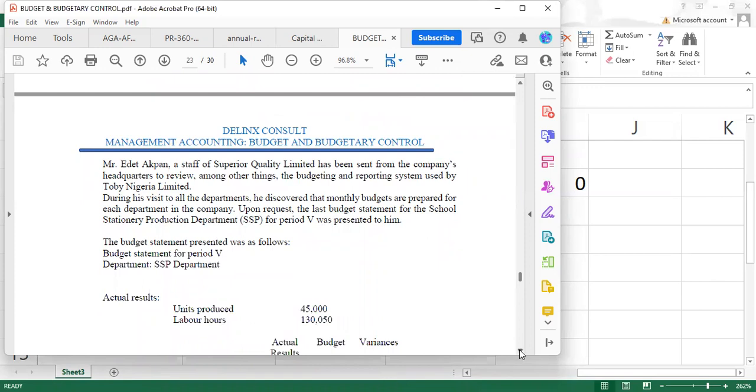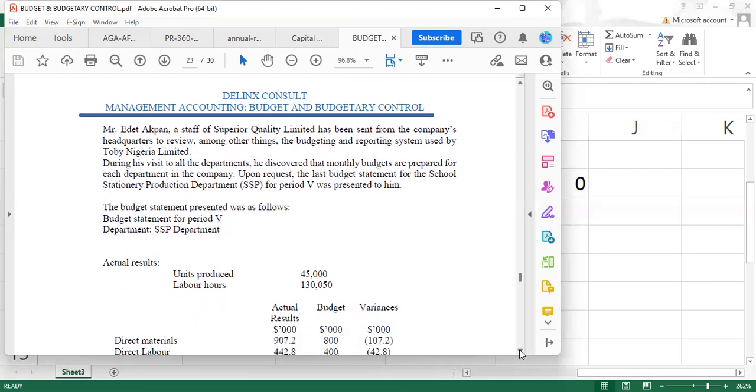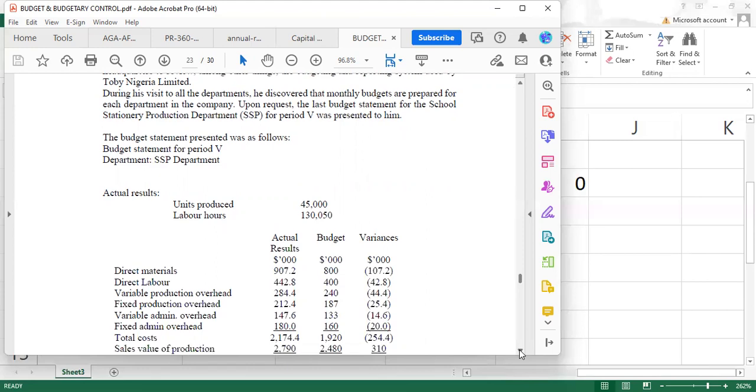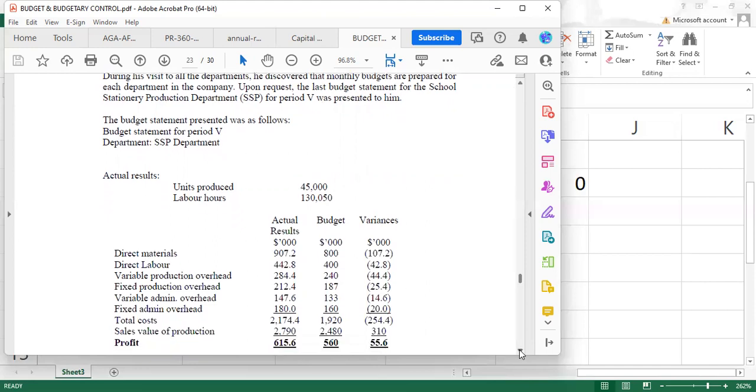Budgeted statement for period V, SSP department, actual result, units produced 45,000, labor hours 130 and 50. We have the actual results, the budget, and then the variance. Direct materials for the actual, we have 907.2. For the budget, 800. And then for the variance, 107.2 negative.